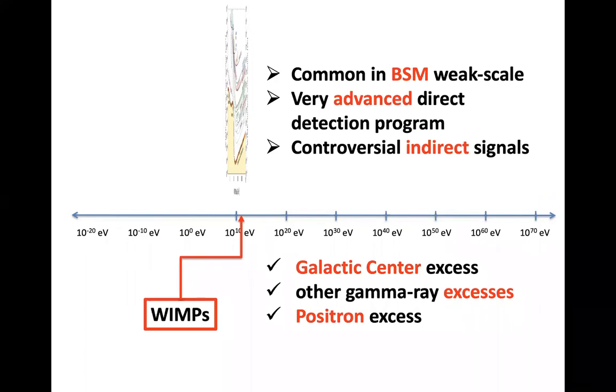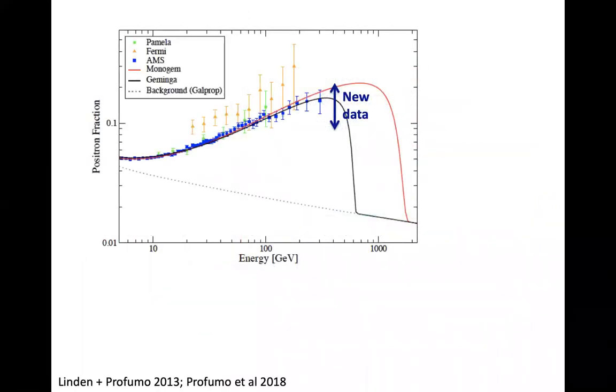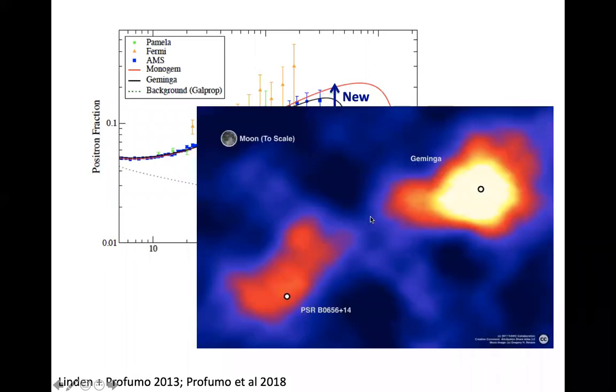I don't have time to go through this. I'm only going to mention that there has been a key recent result from a very high energy gamma ray telescope called HAWC, a water Cherenkov detector that observed macroscopic structures around nearby pulsars, Geminga and Monogem, that show that very high energy electrons diffuse very, very slowly around these pulsars.